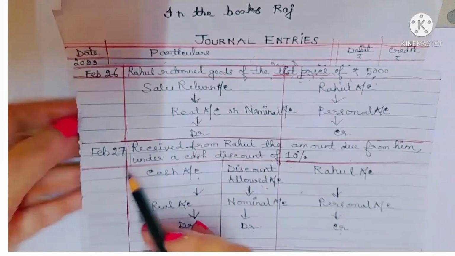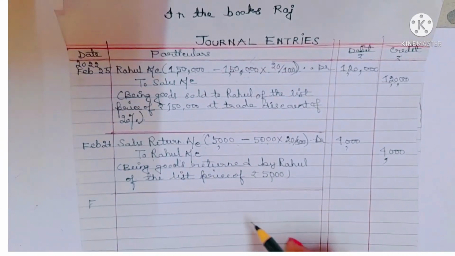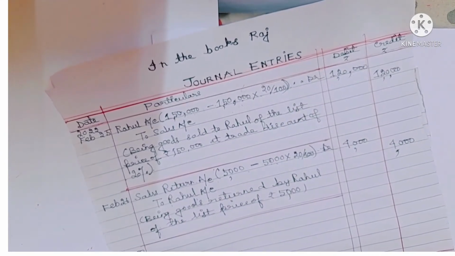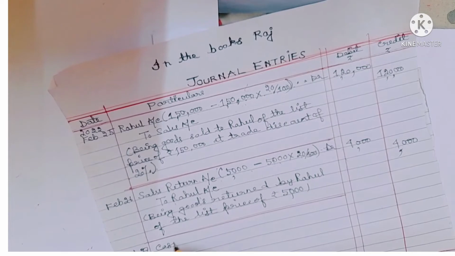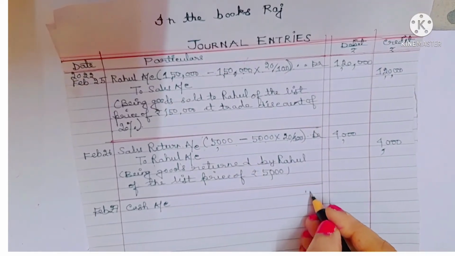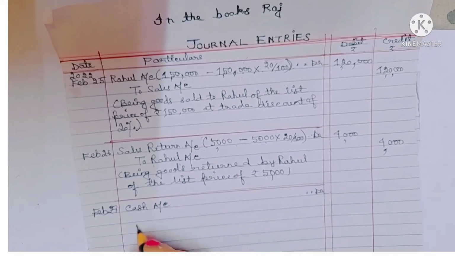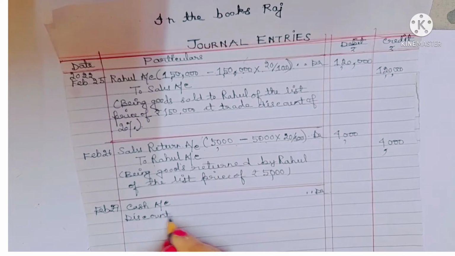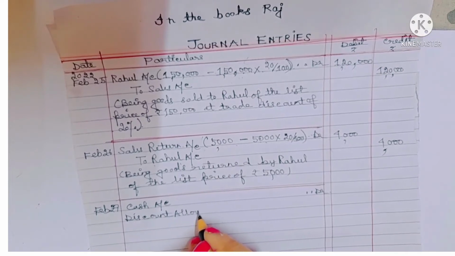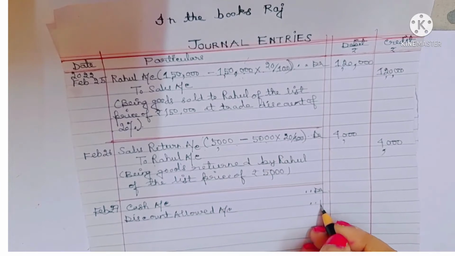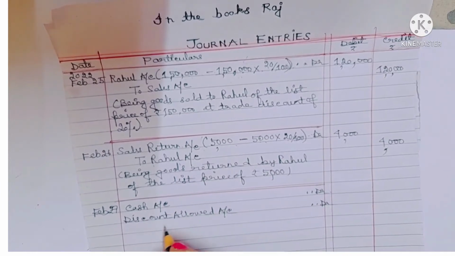Date is February 27th. Cash account debit, discount allowed account debit to Rahul account.